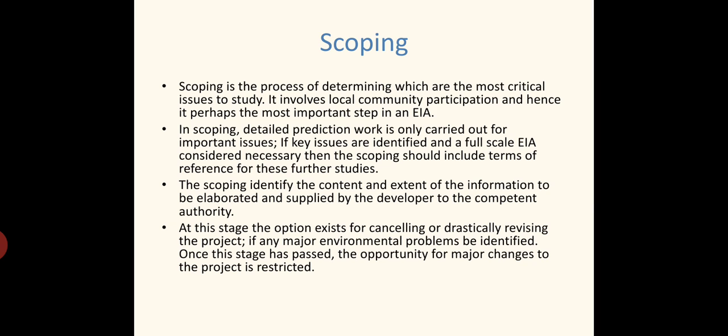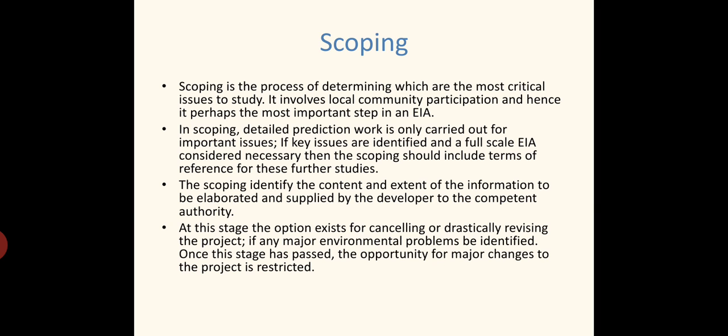The scoping identifies the content and extent of the information to be elaborated and supplied by the developer to the competent authority. So developers will have to specifically give details about what are the points to be mentioned in scoping. So they have to give complete details about these important issues to the competent authorities.